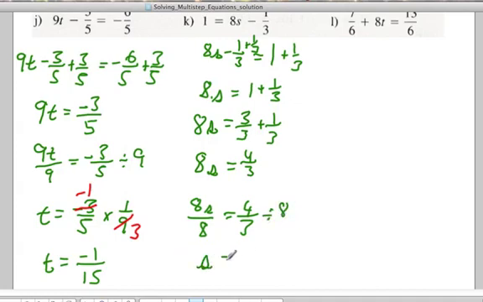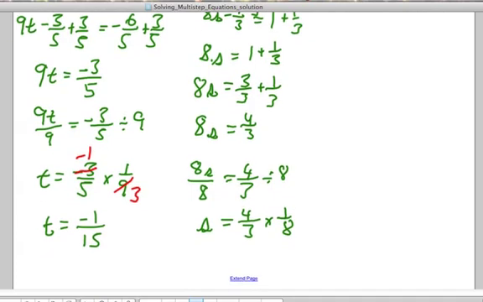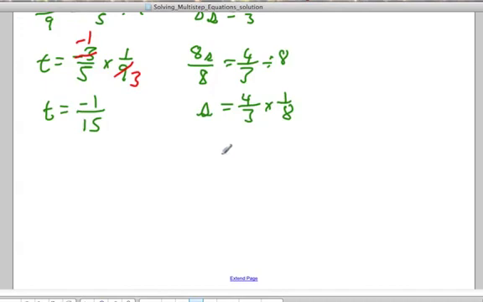So s is equal to 4/3 times 1/8. Now 4 goes into itself once and into 8 2 times. So when we multiply this, we get 1 times 1 is 1 over 3 times 2, which is 6.